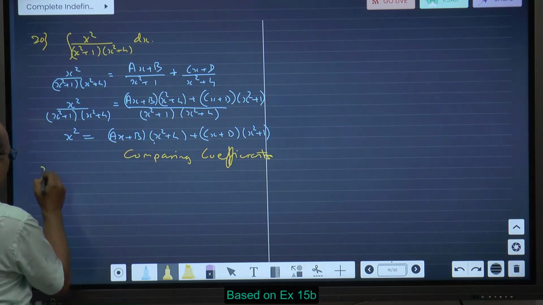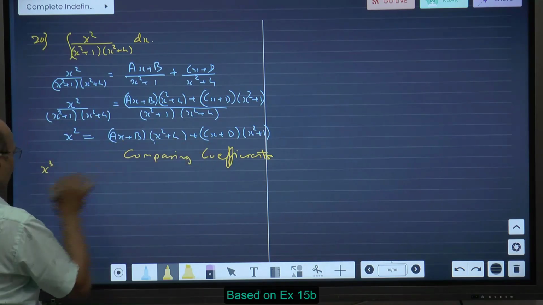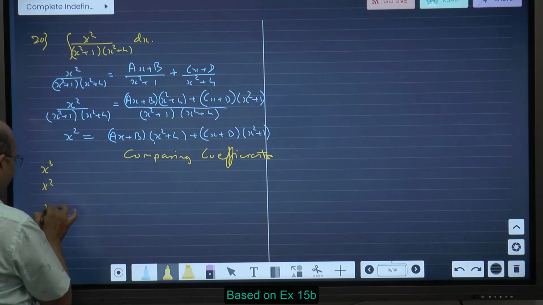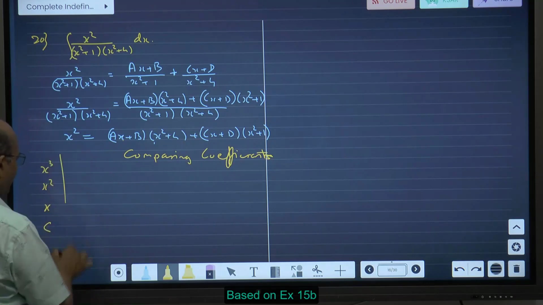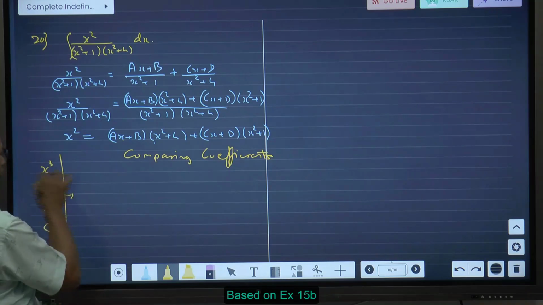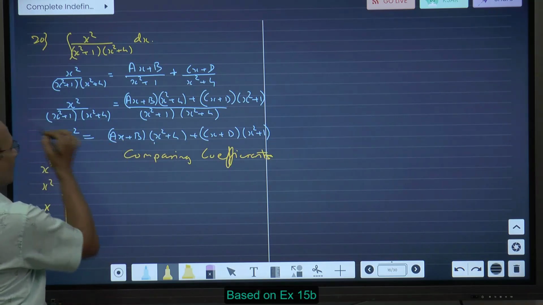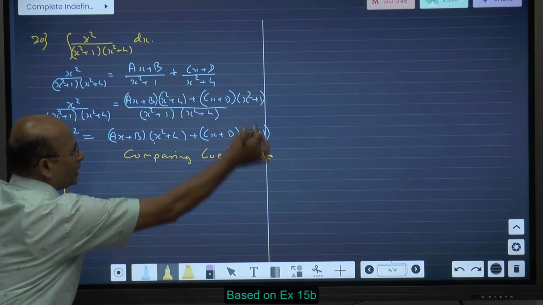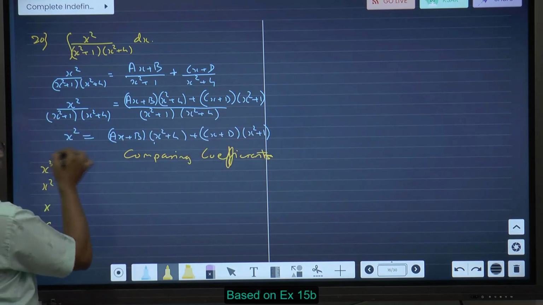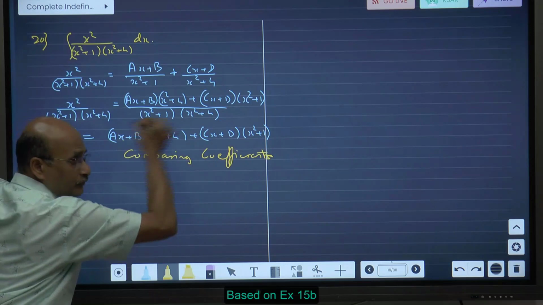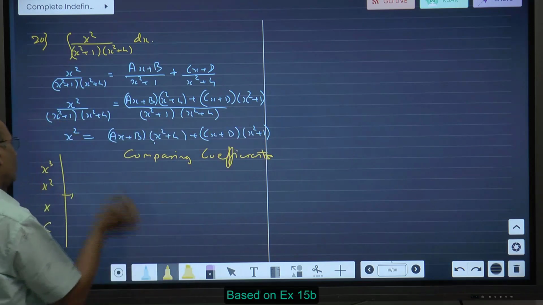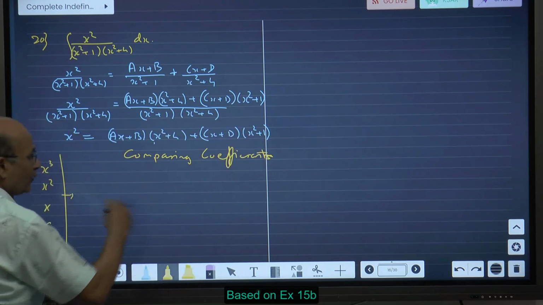What I suggest is, x cube is the maximum power, then x square, then x and then constant. Compare these coefficients on both the sides. Because there is an equality, whatever the x cube coefficient is here, the same will be on the other side. Whatever the x square coefficient is, 1, here also the x square coefficient together will be 1. So compare the coefficients, form an equation and solve them.